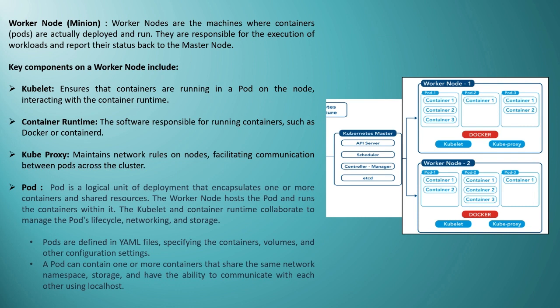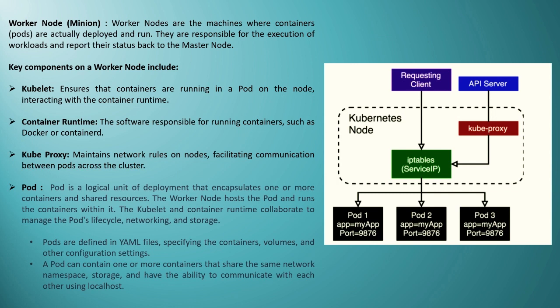Container runtime. Container runtime is the software responsible for running containers, such as Docker or Containerd. Next is kube proxy. Kube proxy maintains network rules on nodes, facilitating communication between pods across the cluster.